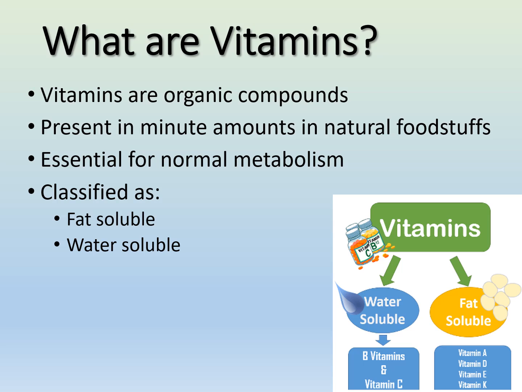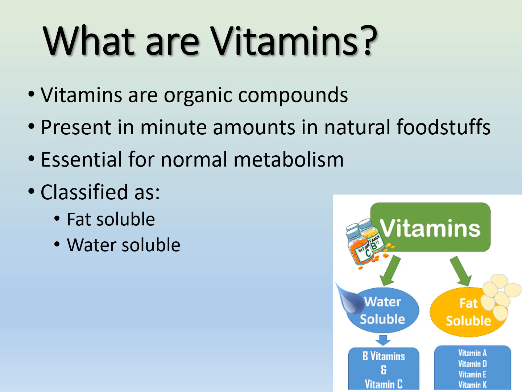And one of those main reasons is to be able to absorb fat-soluble vitamins. So we need that fat in our diet to be able to carry and absorb fat-soluble vitamins. The water-soluble ones just dissolve in water, so they don't dissolve in fat. Those are mostly your B vitamins and vitamin C.